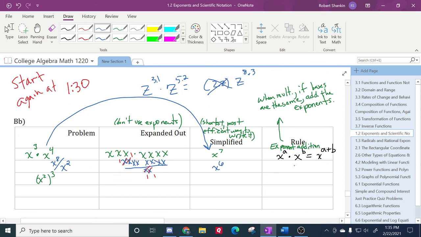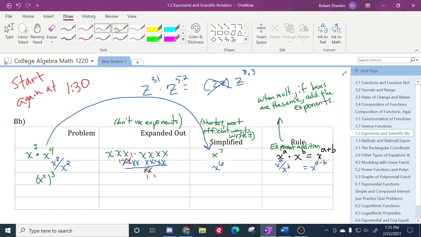That's going to be the right-hand side. We're going to subtract them. Yep, 8 minus 2. And the left-hand side is going to be x to the a divided by x to the b is x to the a minus b.